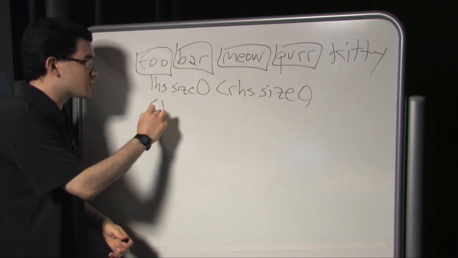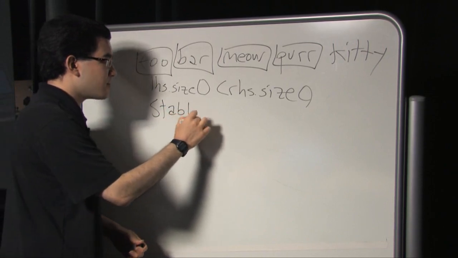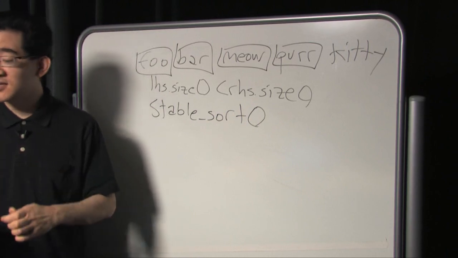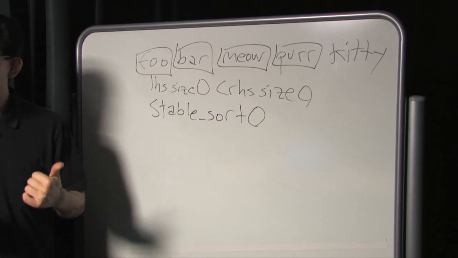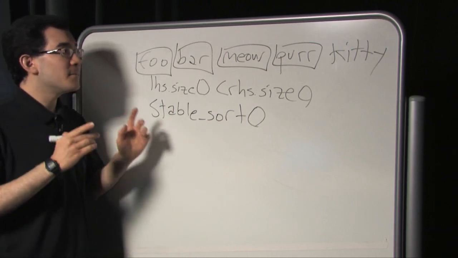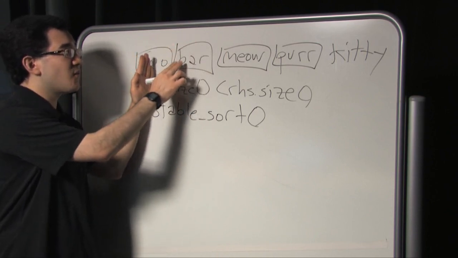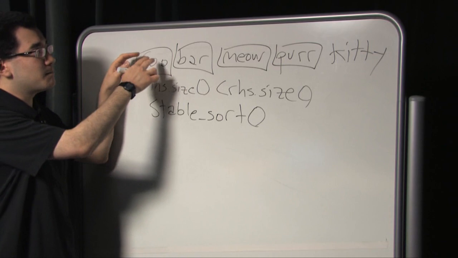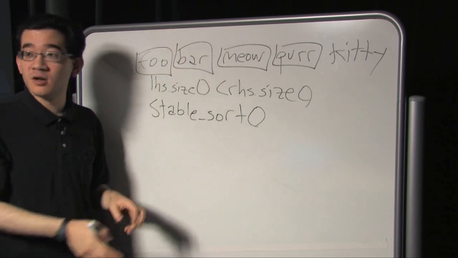If you use stable sort, this uses a potentially slower algorithm, which is why it is not the default, but it provides the extra guarantee that, yes, I'm going to sort it, but I will preserve the relative order of equivalent elements as compared to their original ordering.